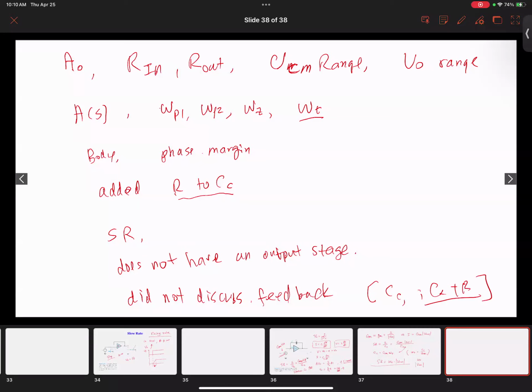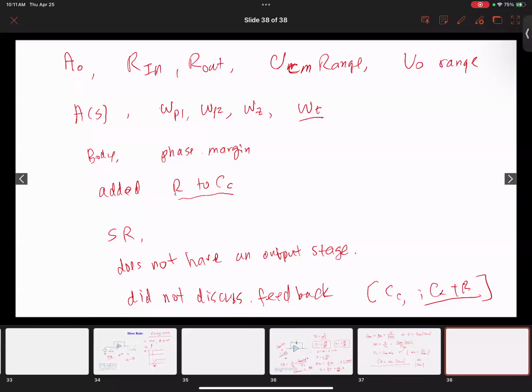If you introduce a feedback, this circuit will become a little different. However, you can always try to add a feedback and look at how this circuit would work.